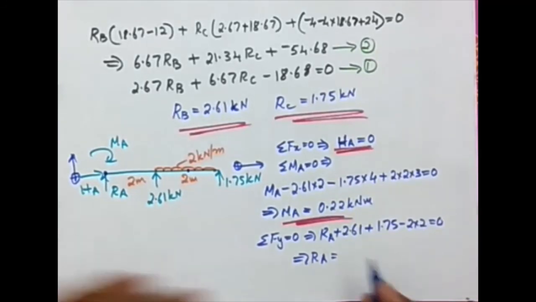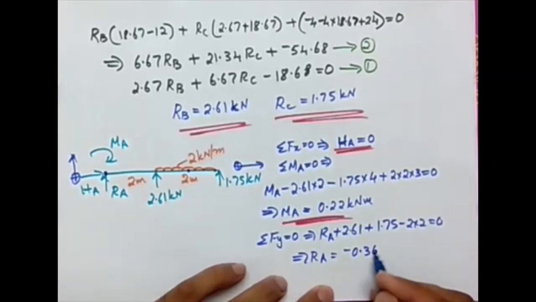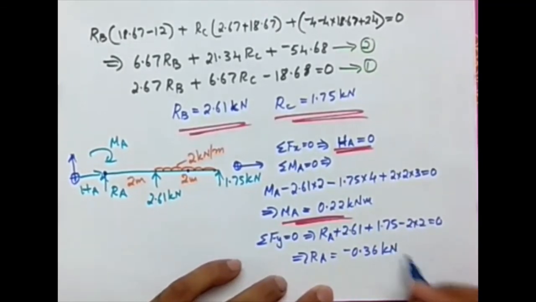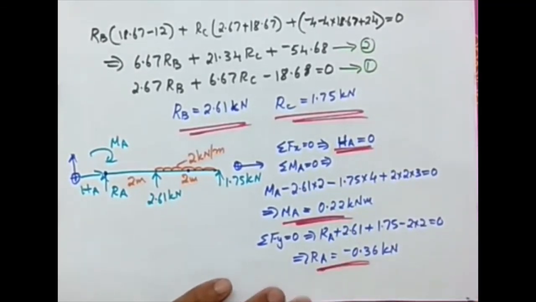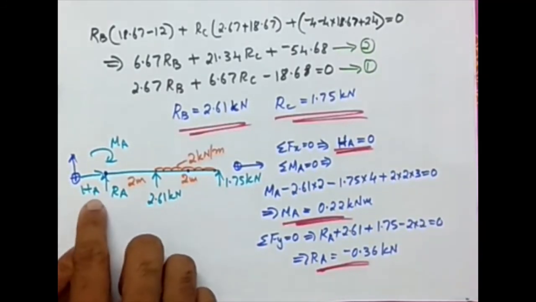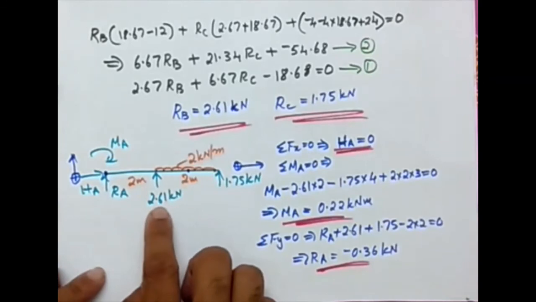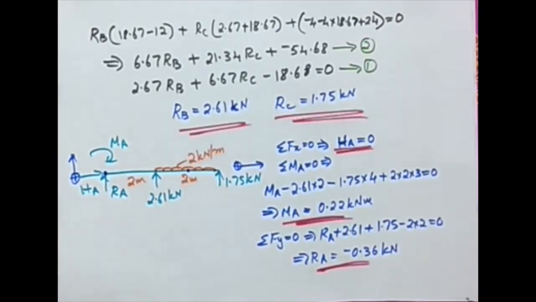I'm going to get it as minus 0.36 kilonewton. So that's the end of the problem. I have the value of RA, HA, MA, RB and RC. So this is how we solve it using the strain energy method.